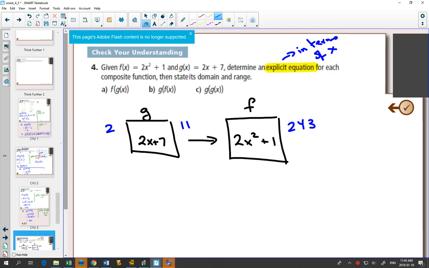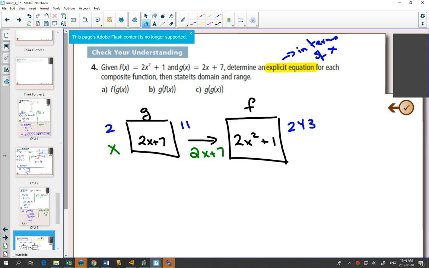Numbers are no problem. But what we want to find in an explicit equation when it's asking for f of g of x, it's saying, what happens when you throw in anything like x? What comes out of machine g? Well, 2x plus 7, because you threw in an x.